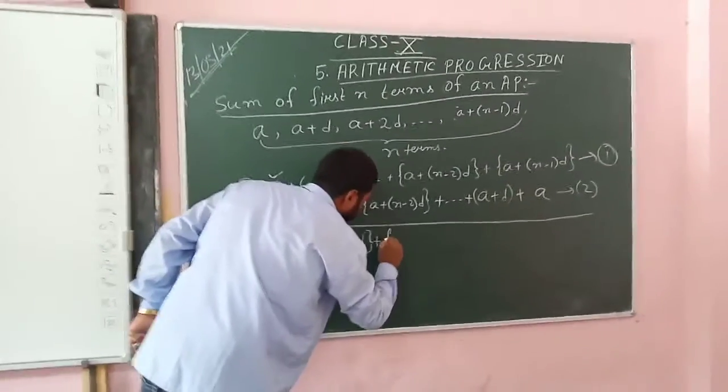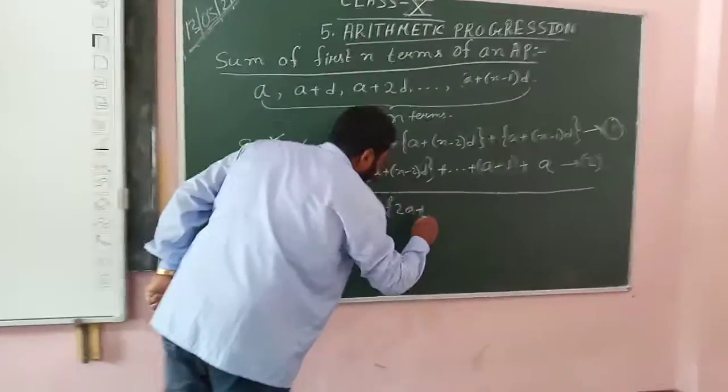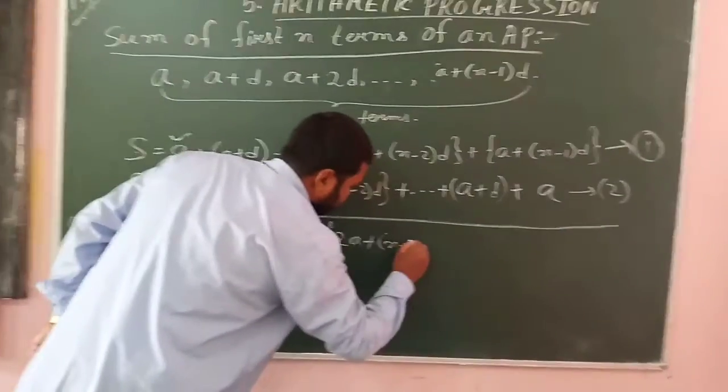Here also it will come twice a plus n minus 1 d.